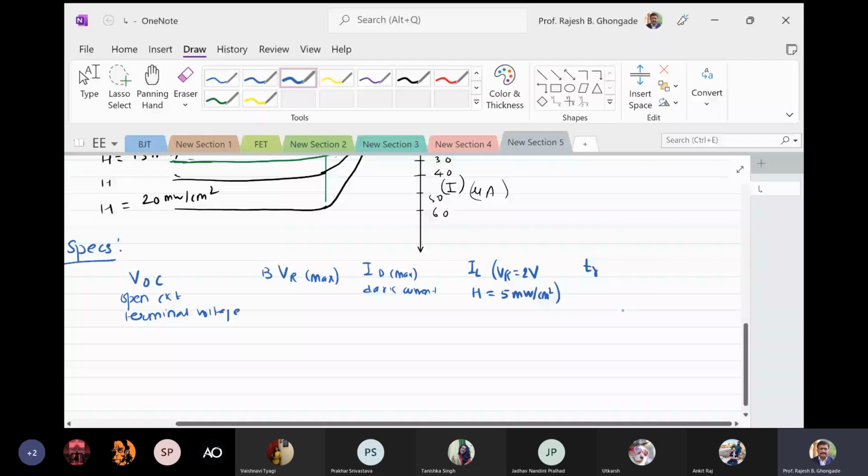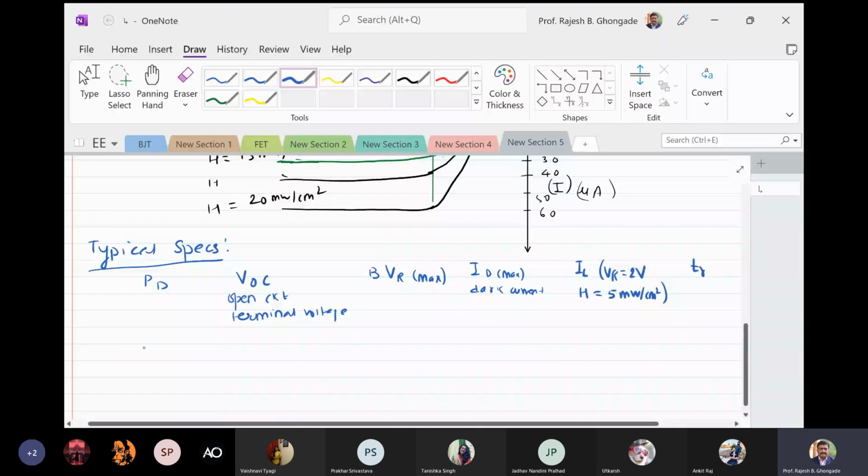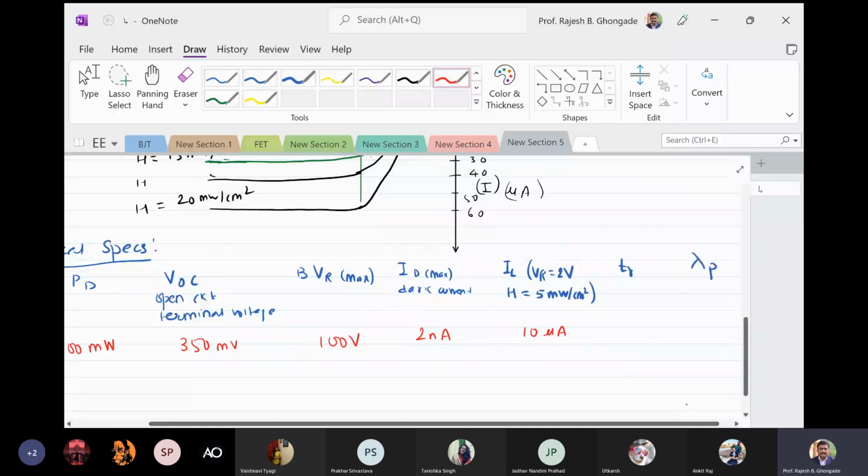So typical values are 100 milliwatt here, 350 millivolts, 100 volts, 2 nanoampere, 10 microampere. Response time is 2 nanoseconds.